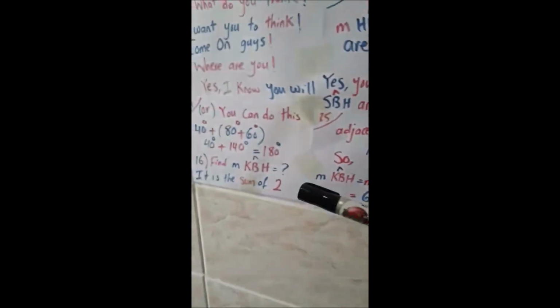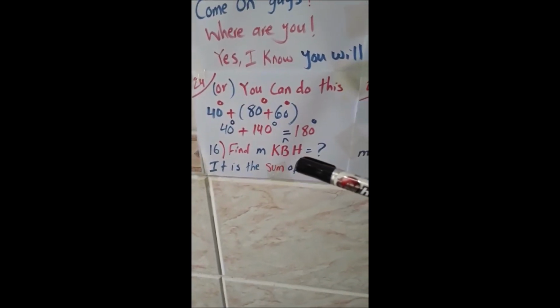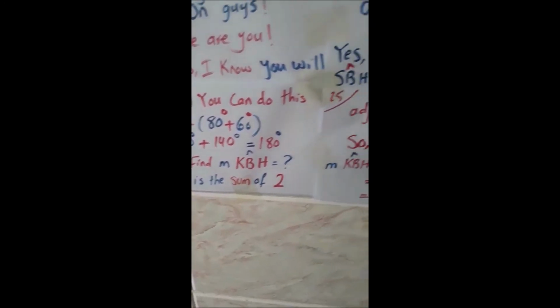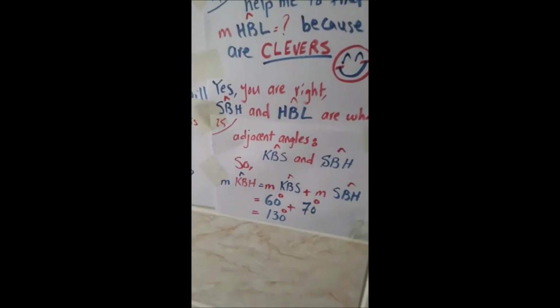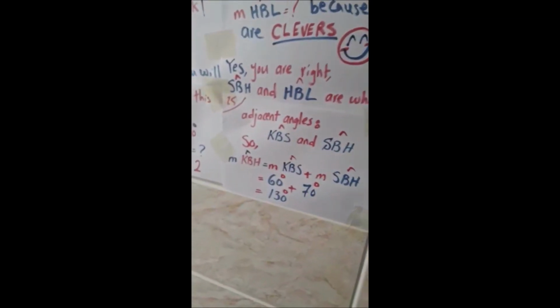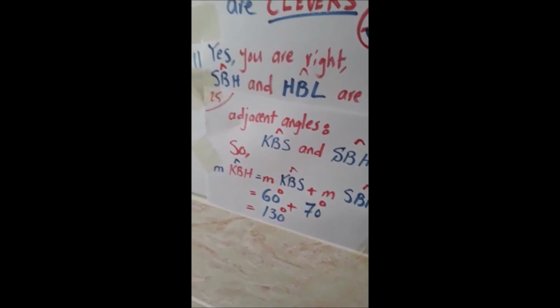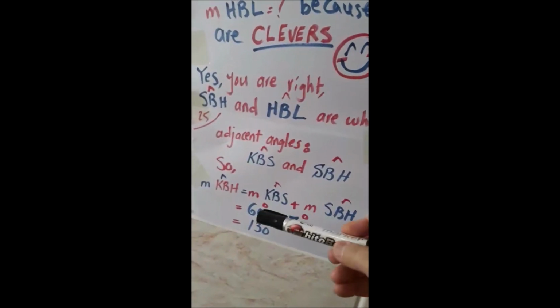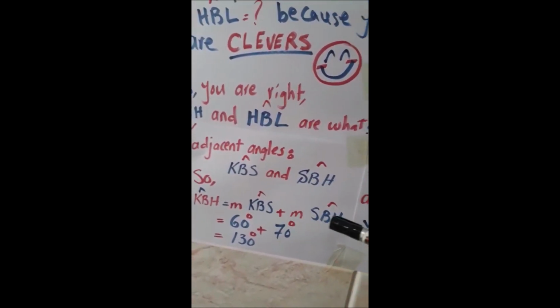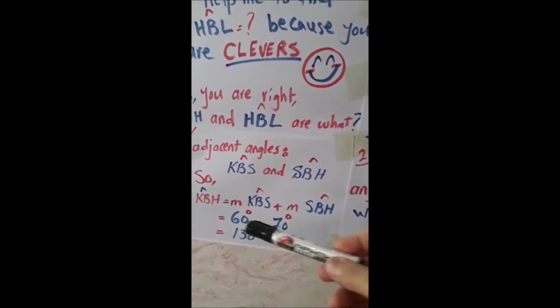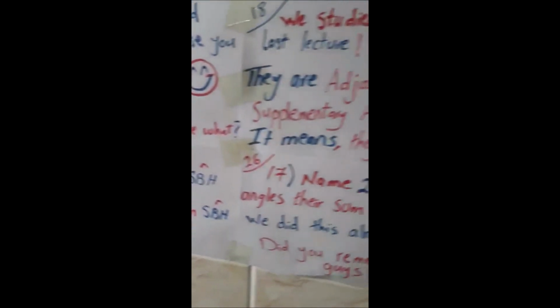Excellent, guys. It is the sum of two angles, and they are adjacent, as we mentioned before. So the measure of angle KBH equals the measure of angle KBS plus the measure of angle SBH: 60 plus 70 equals 130.